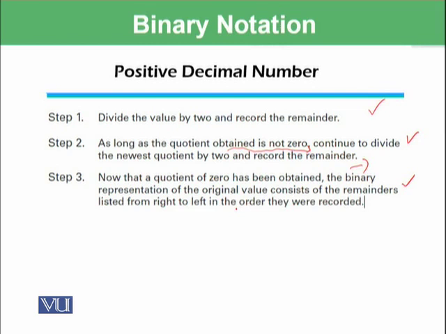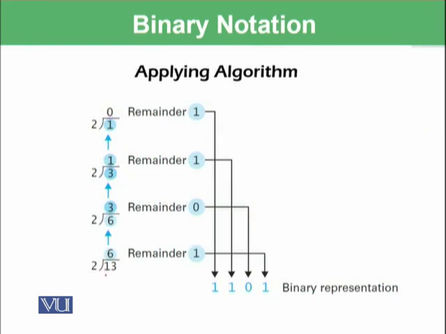Let's see an example. We want to represent 13, a decimal, in binary notation. So we divide 13 by 2. 2 sixes are 12, so 1 is left. This one will go here in the units place.